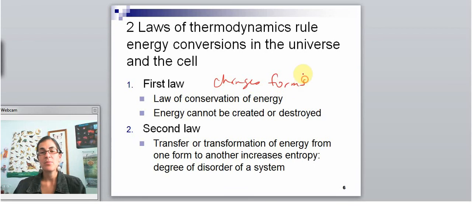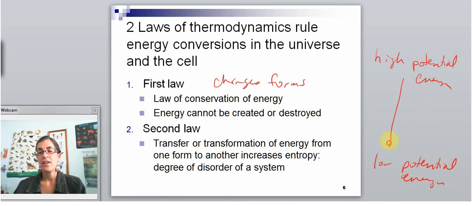So again, in the previous example, the high potential energy he had at the top and low potential energy at the bottom, that energy isn't destroyed, it doesn't disappear, it instead is converted to kinetic energy. So transformations rather than destruction or loss.